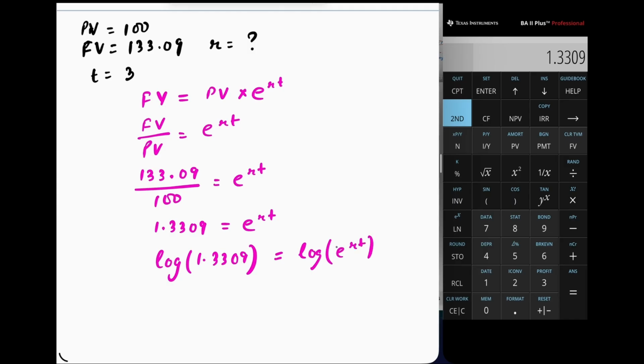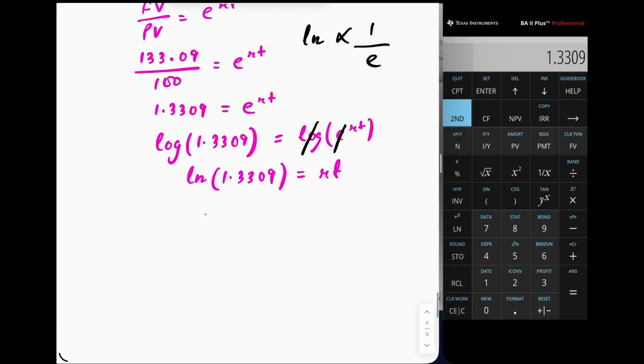So this log and e will get cancelled because they are inverse to each other. Alright. And this becomes ln. Always remember that log is the inverse of this e. So they cancel each other. So it becomes RT.